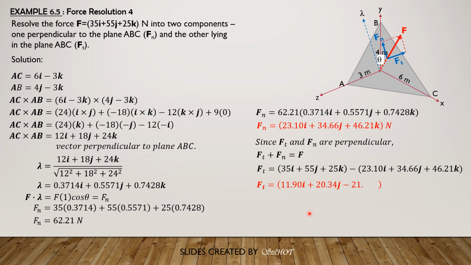So solving for Ft, it is 11.9i plus 20.34j minus 21.21k newtons.